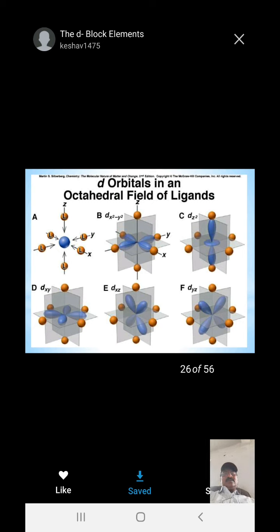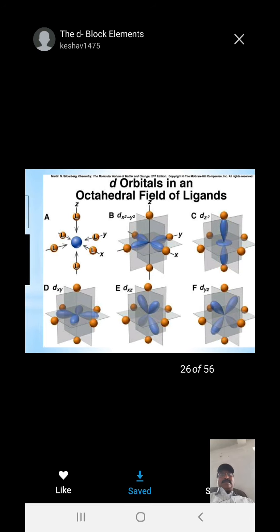How can we understand this? To understand the d-d transition, you have to know the shapes of d orbitals. Here, 5 types of d orbitals are there: dxy, dyz, dzx, dx²−y², and dz². Some are present on the axis, some are present between the axes.